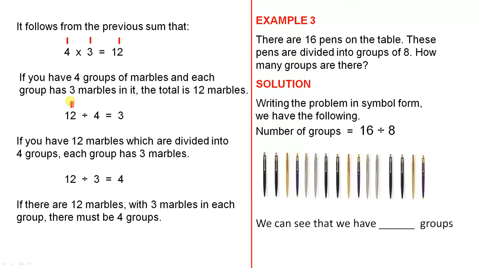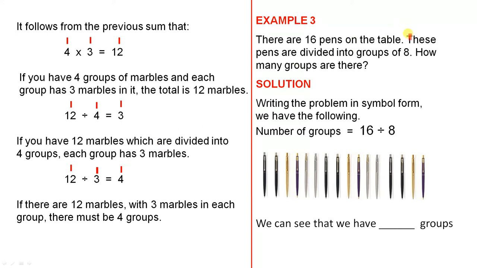If you have 12 marbles which are divided into 4 groups, each group has 3 marbles. 12 divided by 3 equals 4. If there are 12 marbles with 3 marbles in each group, there must be 4 groups.